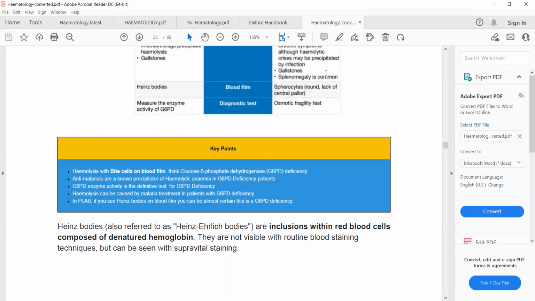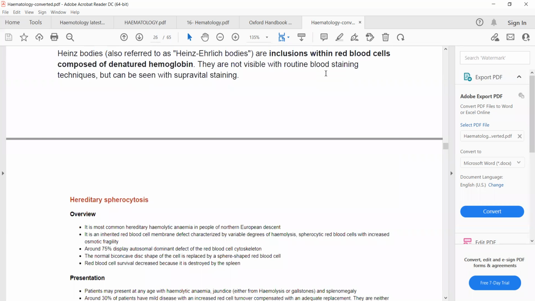So this was all about the first cause that we discussed of hemolytic anemia. In this one, hemolysis of the RBCs occurs due to deficiency of the enzyme G6PD. Now we'll move towards the second cause.